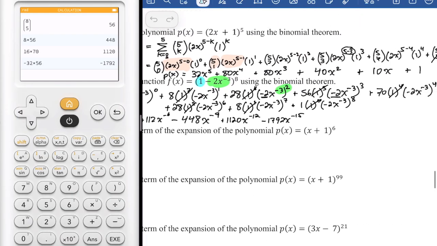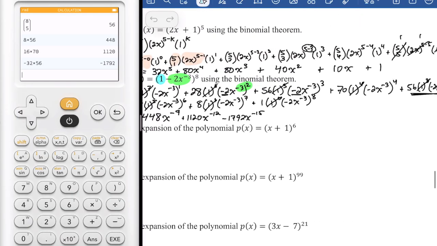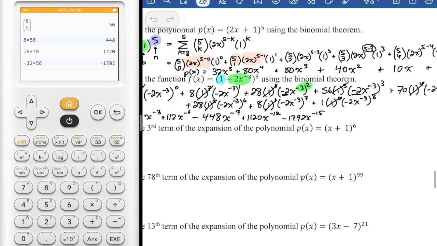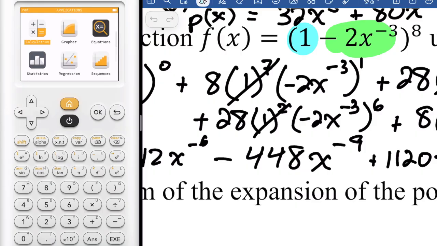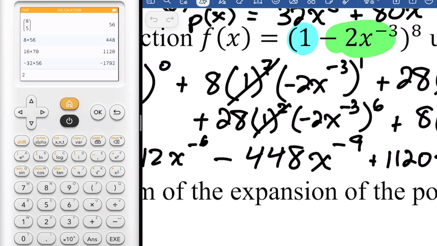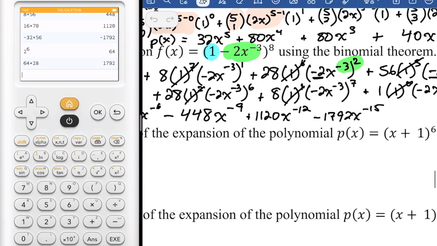All right, so we're up to this one here. Negative 2 to the 6th power. That's going to be 64. I'll type it in anyway, though. Positive, because it's an even power, times 28, 1792.